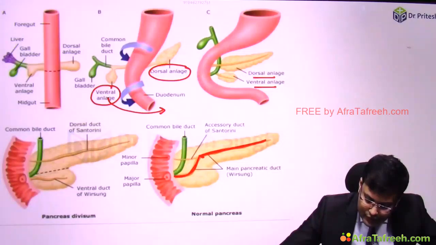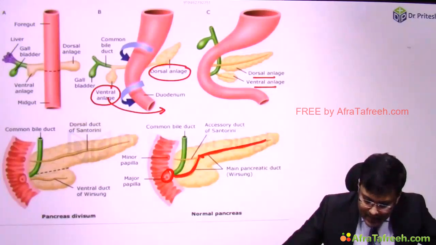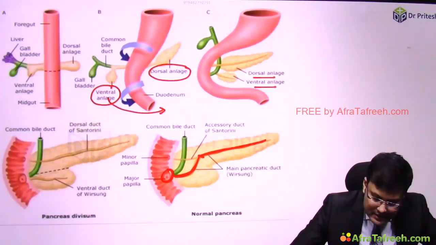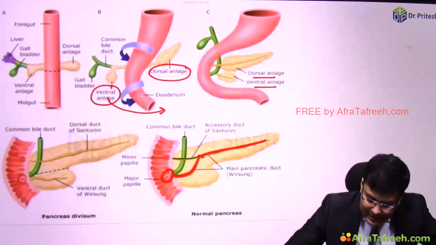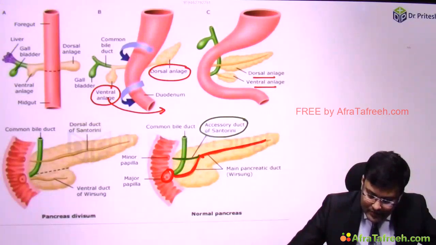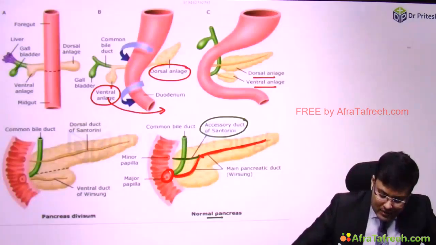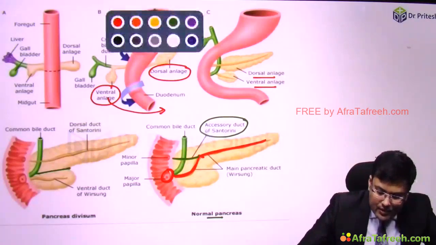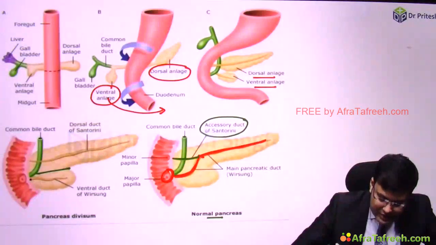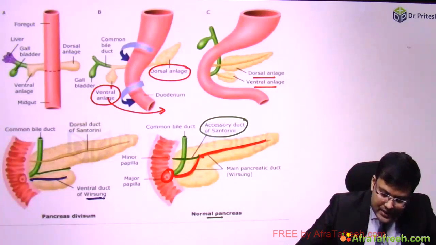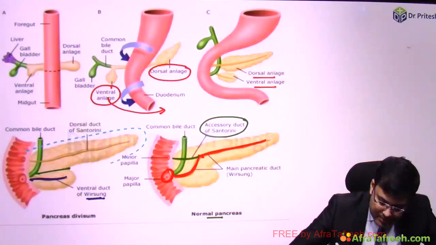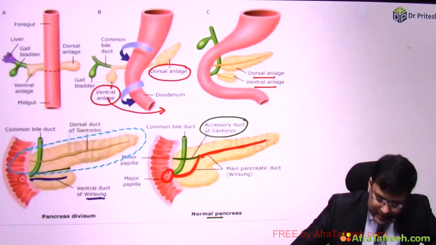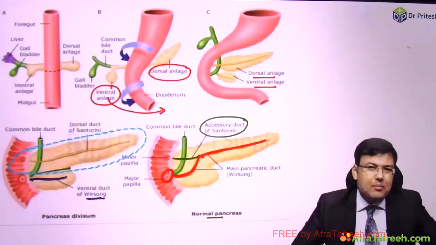Both of these are going to fuse together and they have a common opening via major papilla, and sometimes there is an accessory duct of Santorini. So this is normal, but what is the abnormal? Here the part of head and uncinate process is being drained by this duct of Wirsung, and the major part of pancreas is being drained by this duct of Santorini via minor papilla.